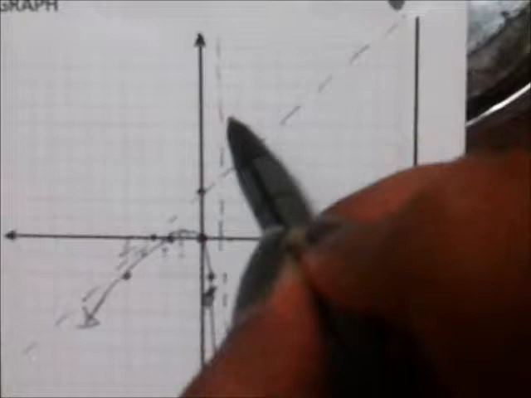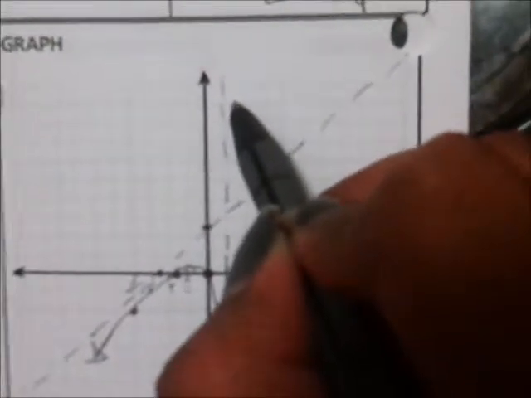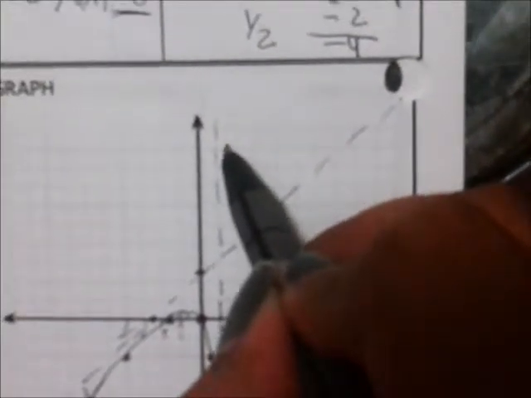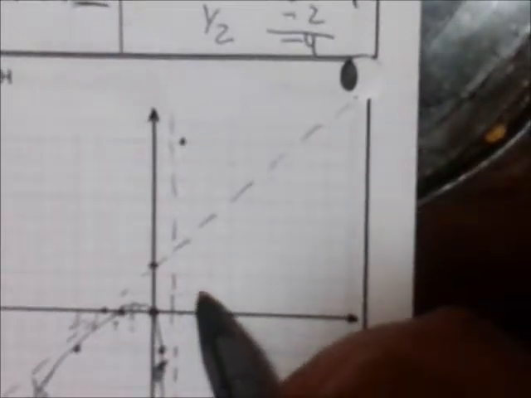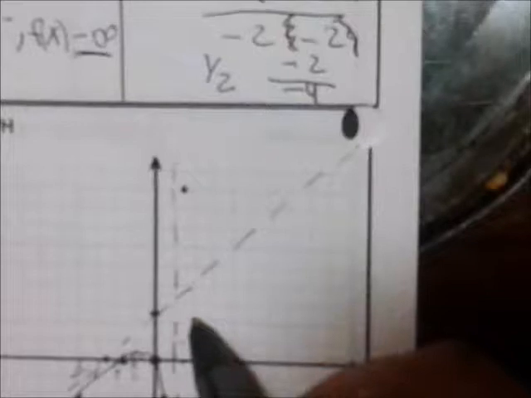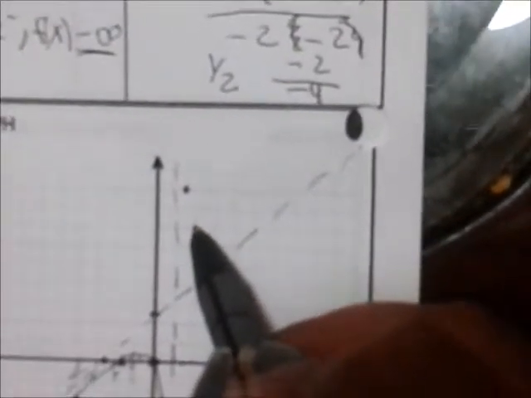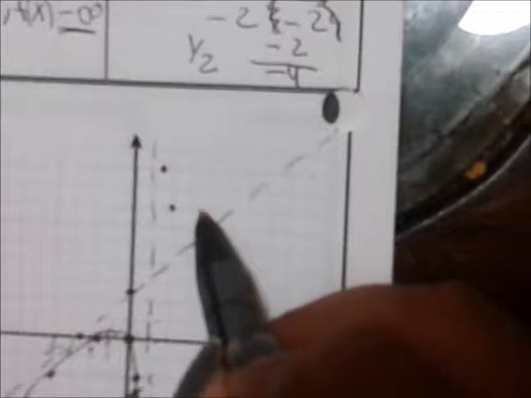Then go to 4 and go up to 14, then 7 at 14, and then 12, all the way up to 18.